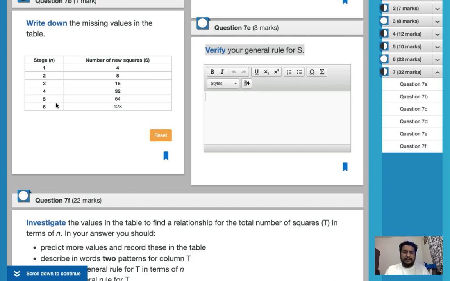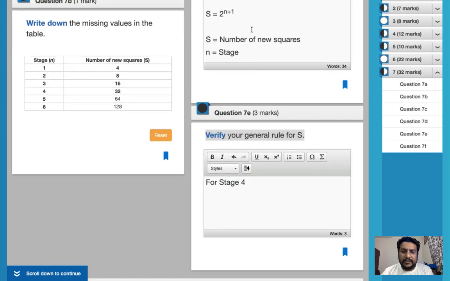So correctly substitute S equals. Now I'll write down for stage 4. And before that, I copy my general rule and write it down over here. General rule is this.